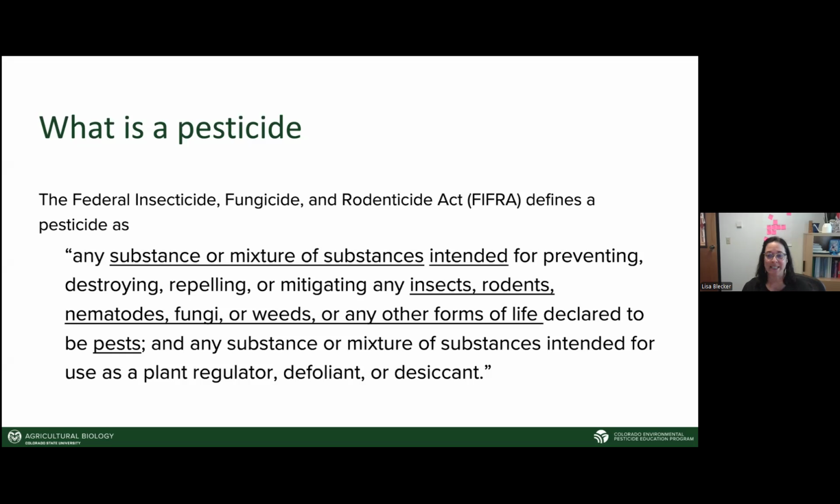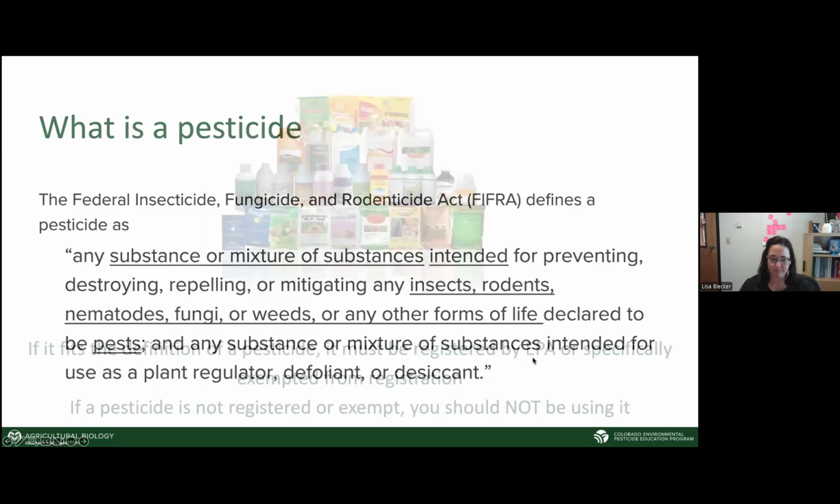Whether your pest is an insect, a rodent, a weed, or what have you, a pest in and of itself, like it's something that is alive, and we want to keep it from living its best life. We get to decide for ourselves what a pest is. So basically, it's a chemical or a mixture of chemicals that we're using with the intention of causing harm to a living thing that we have determined to be a pest.